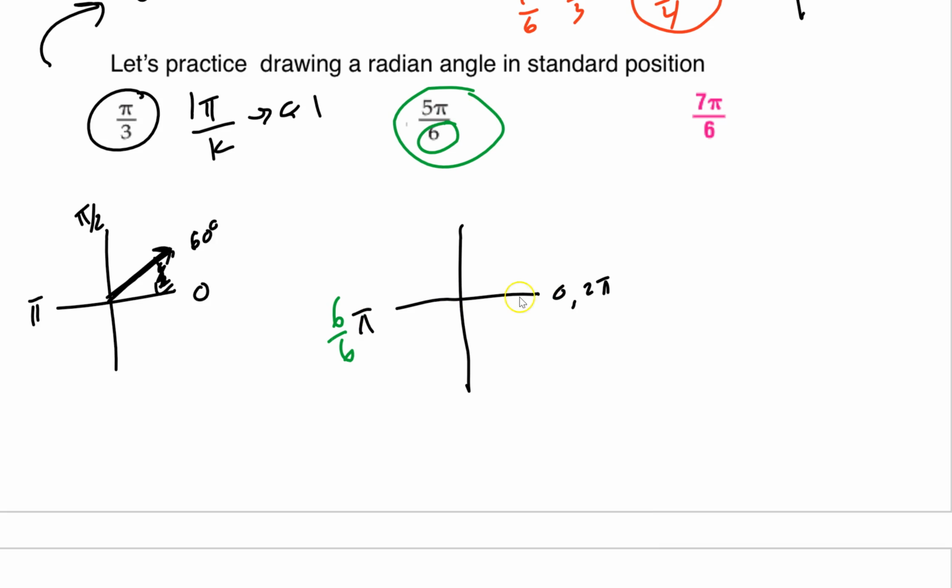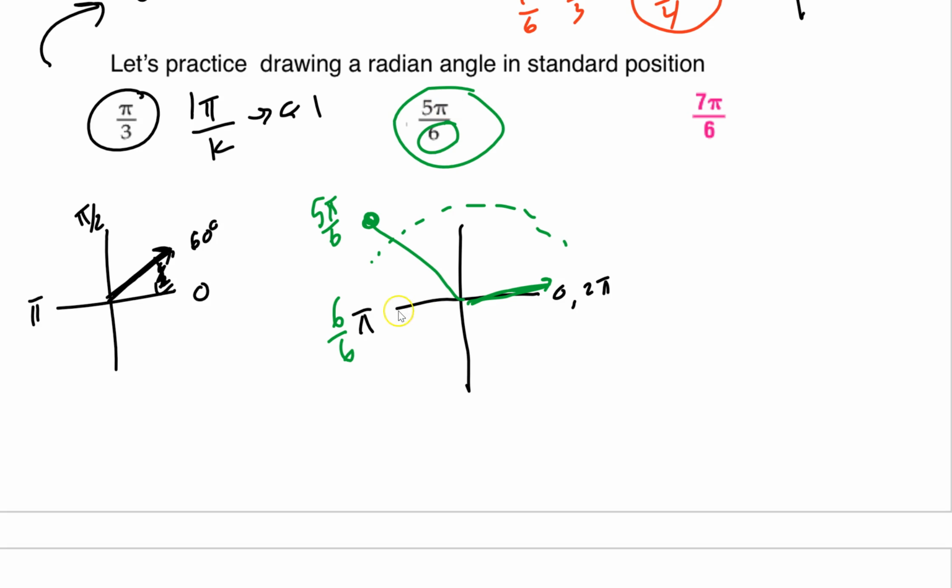So 5 pi over 6, where is it? Well, it kind of goes like this. We start here, we're going this way. I haven't reached 6 over 6 yet. I'm 1 short. I'm at 5 pi over 6, so I'm going to be over here. That's where 5 pi over 6 is. It's a little short of 6 over 6.